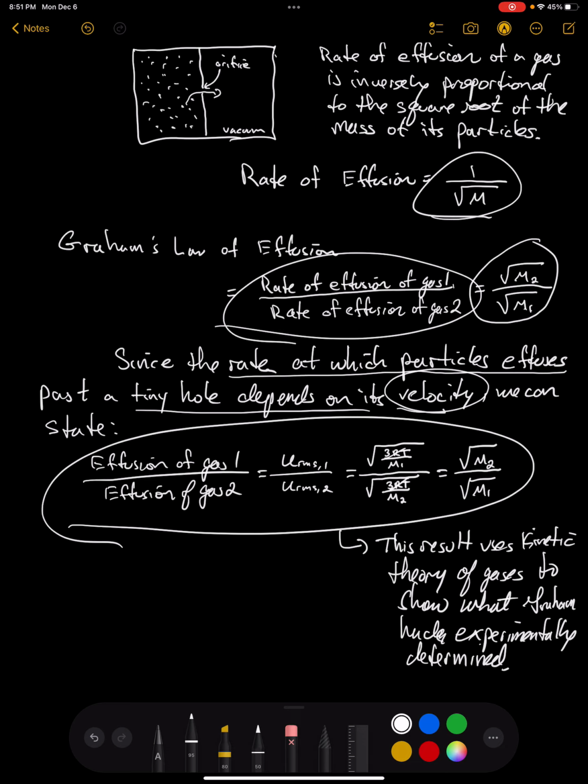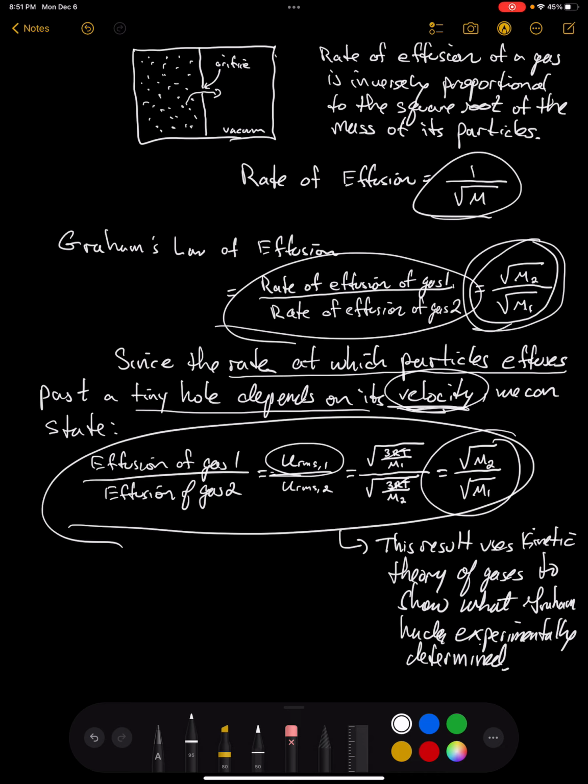But then later, the kinetic theory of gases was developed, and this idea of a root mean square velocity was generated. And by recognizing that the rate of particles effusing past a tiny hole depends on their velocity, we were able to use the kinetic theory of gases to arrive at the same result that Graham had arrived at experimentally.